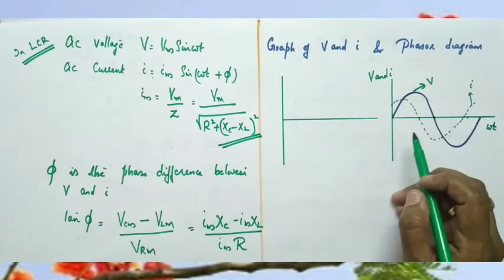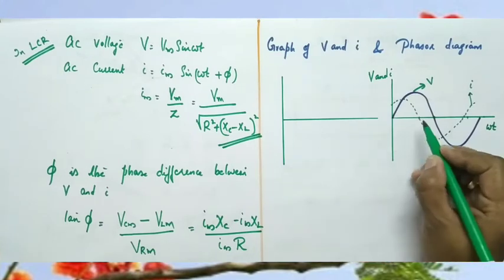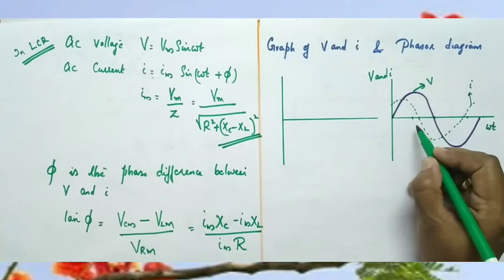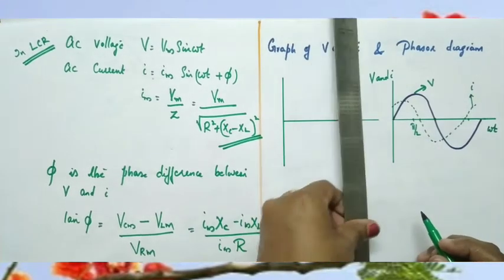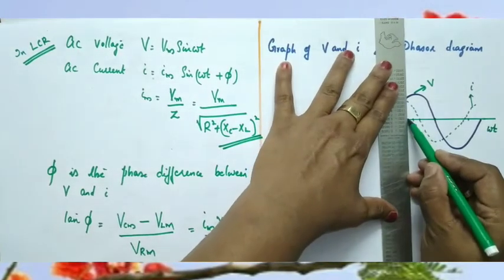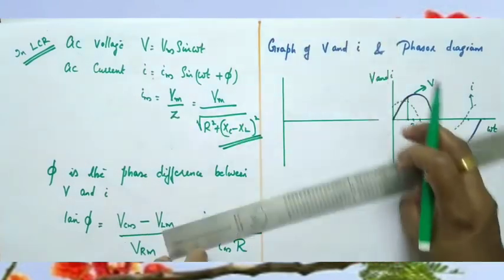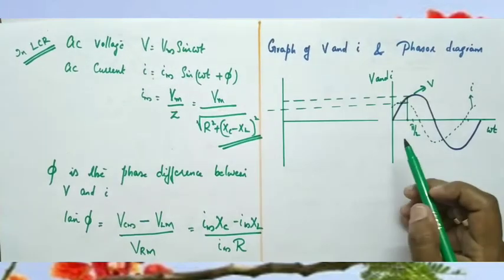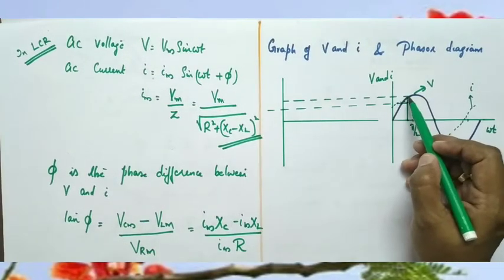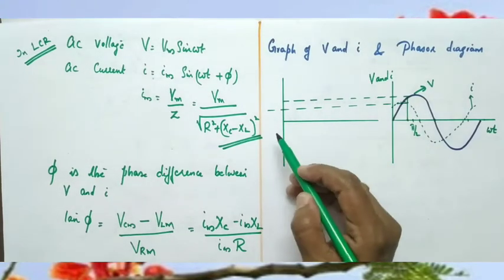Now, how will you draw the phasor representation, the phasor diagram? Here also we can consider an angle between 0 and pi by 2 as usual. This is the line, and here it touches the voltage curve; from that draw a perpendicular. Here it touches the current curve; again from that draw a perpendicular.